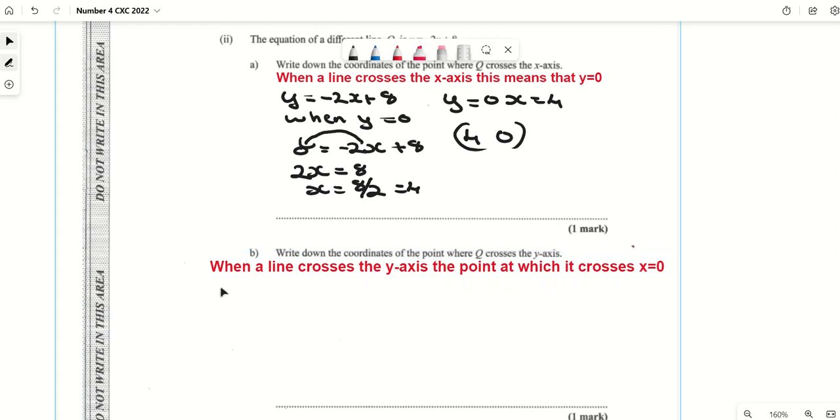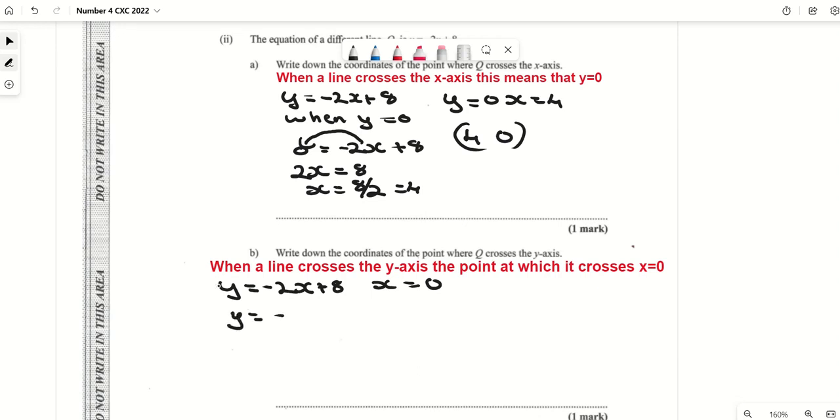So we know the equation of the line, again, y is equal to minus 2x plus 8. We know that x is equal to 0. We want to calculate for y. That means wherever we see x in this equation, we're going to put 0. So y is equal to minus 2 times 0 plus 8.